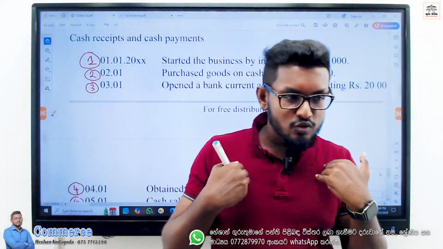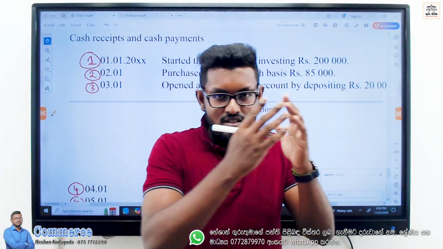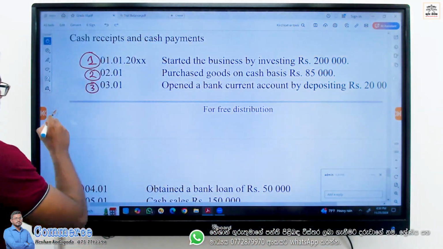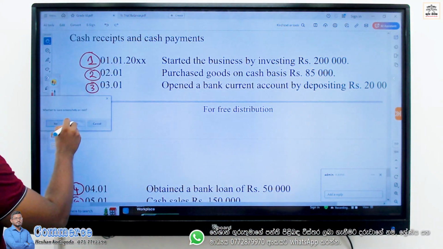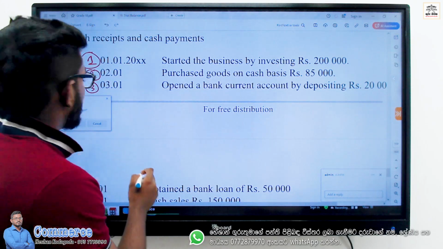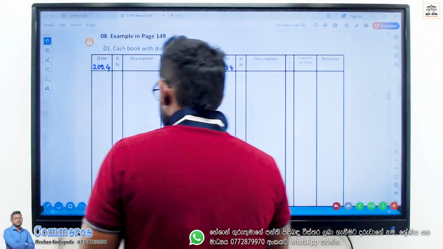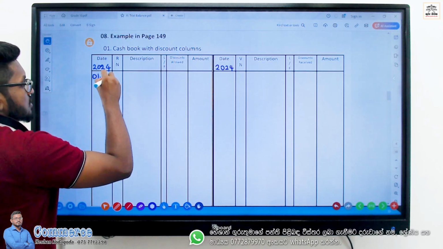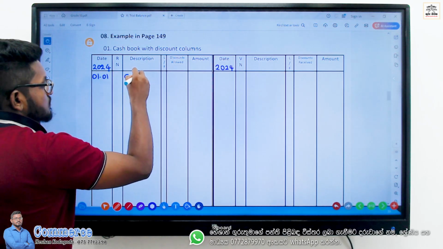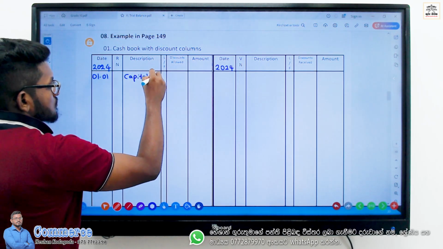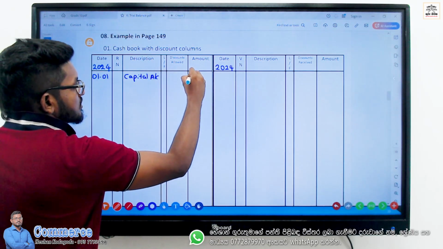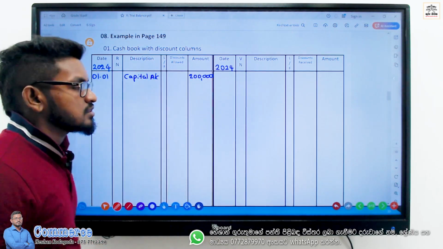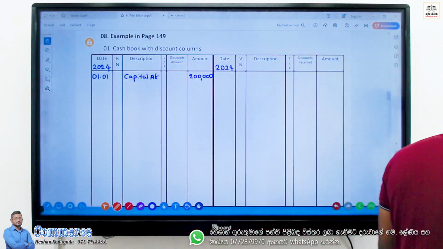It's cash inflow to the business. What is the double entry? Cash book debit, capital account credit. Okay, quickly go to the cash book debit side. January 1st, 200,000. Debit the cash book, write the date, January 1st. Account, capital account, 200,000.